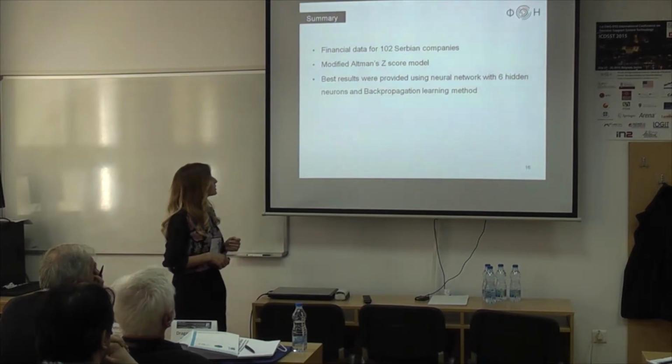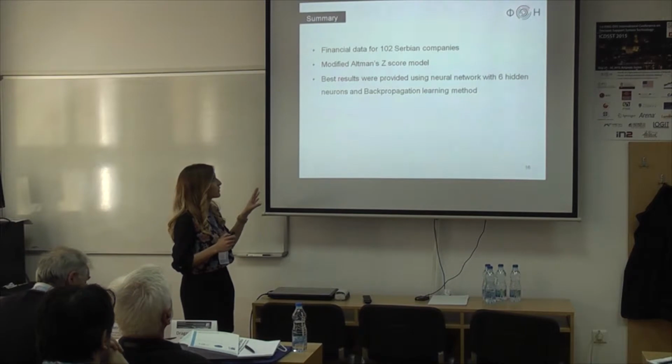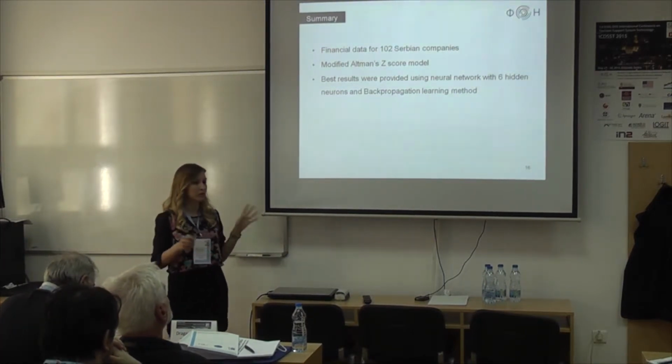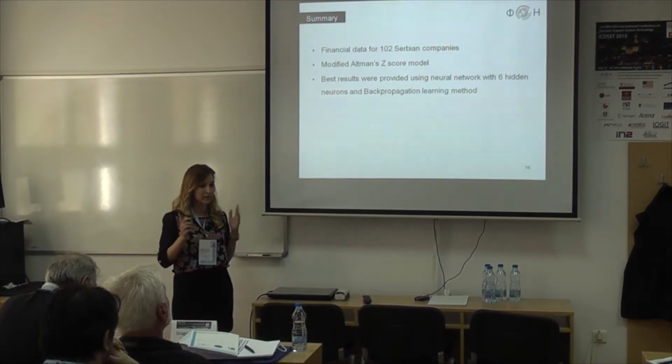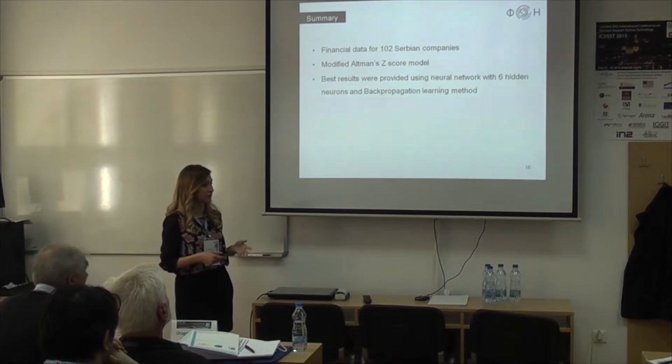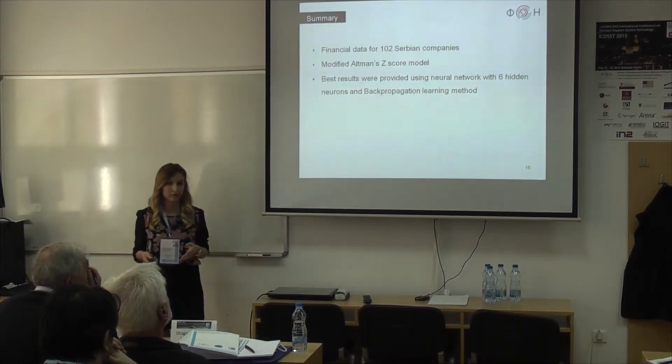So to conclude everything, we collected the financial data for 102 surveyed companies. We are aware that this is a really small data set and that we need to expand our data set in order to get more accurate results.